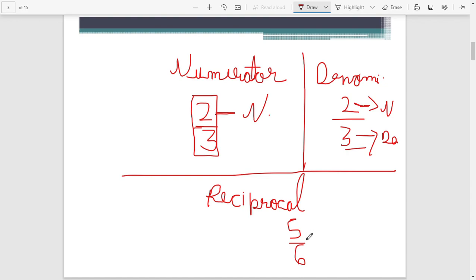To find the reciprocal of this number, we simply exchange the digits of the numerator and denominator. 6 is the denominator, so we write 6 in the numerator, and 5 is the numerator, so we write 5 in the denominator. So 6 upon 5 is the reciprocal of 5 upon 6. Like this we find the reciprocal.